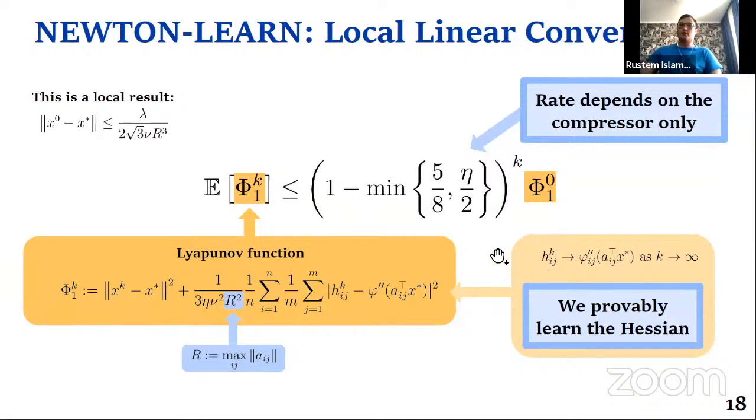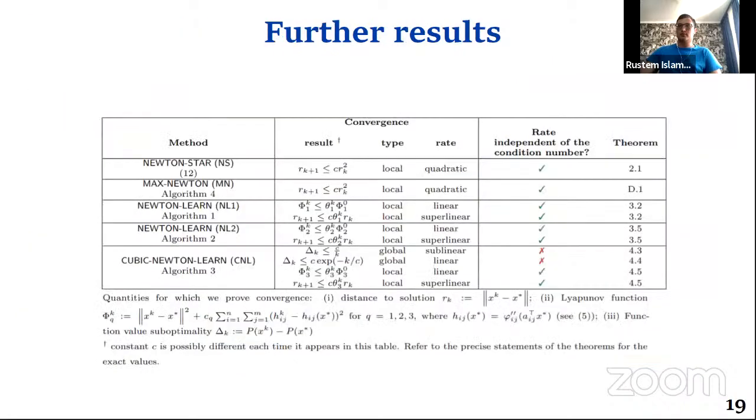Okay, so these are our contributions. Here I have described two methods from the paper: Newton Star and Newton Learn 1. I have not described the second result for Newton Learn 1; it's just a simple consequence of convergence of the Lyapunov function.